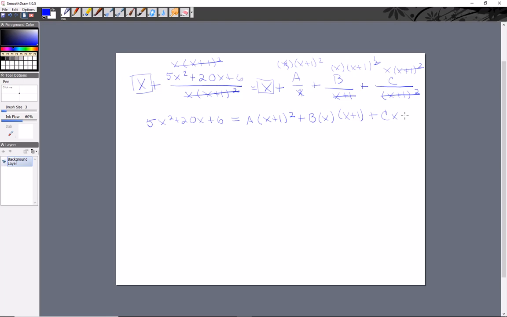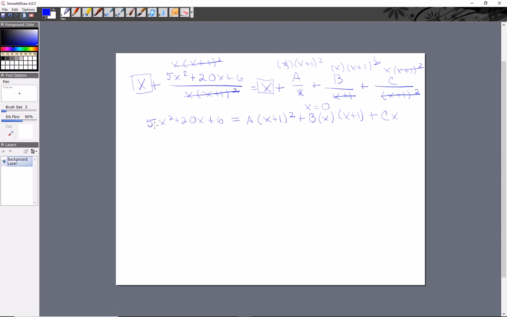Now we're ready to do that trick where we let x equal whatever value will help us force certain parts of the expressions to go to 0. If we start out with 0, that'll make this term go away, and this term too. So we'll pick x equals 0.